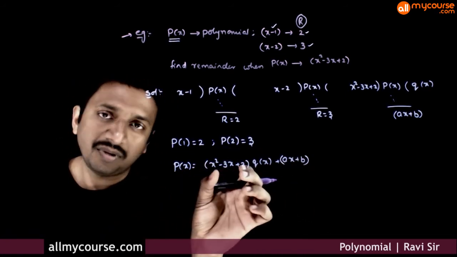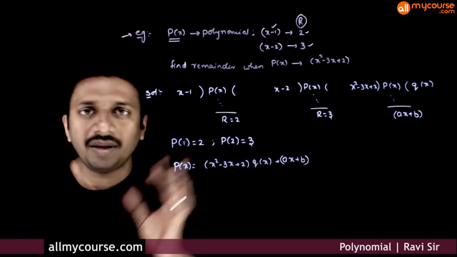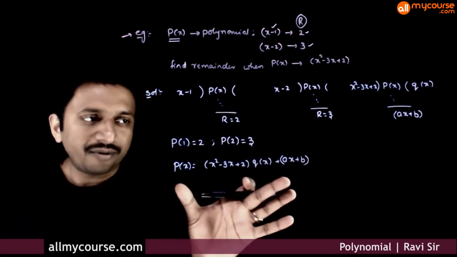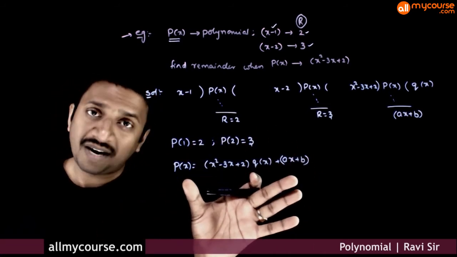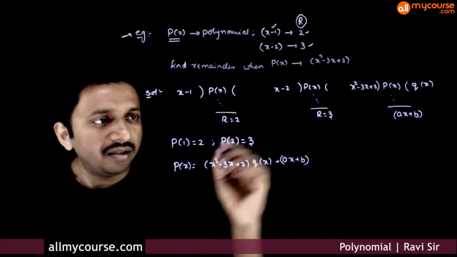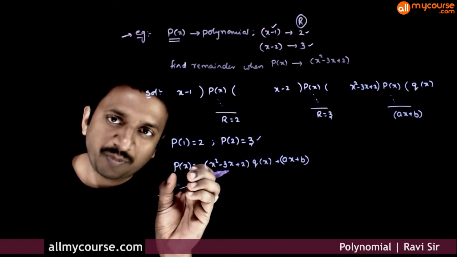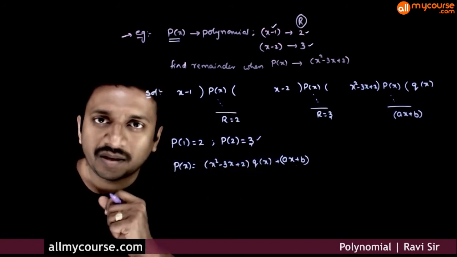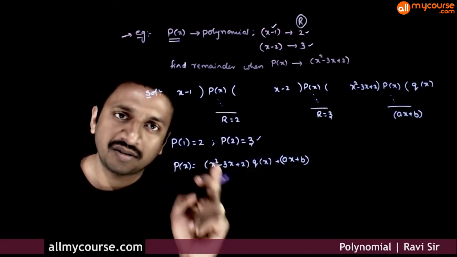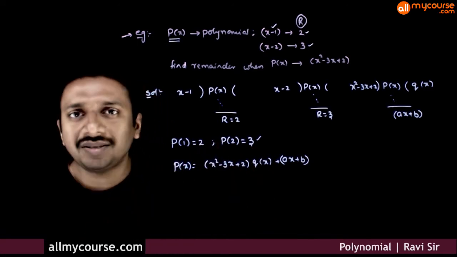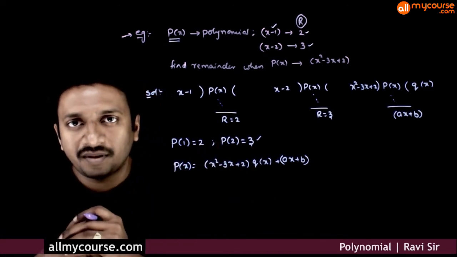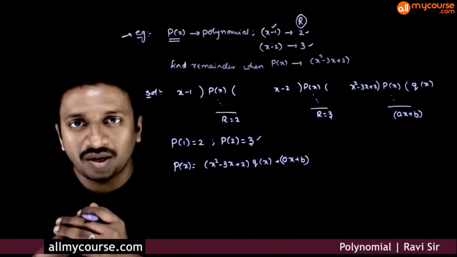Dividend is equal to divisor into quotient plus remainder. Now from this equation, can I find the values of a and b using this information? That's the question. If this polynomial is equal to this polynomial, for every value of x, both sides should give you the same answer. Then only we say that these two are equal.